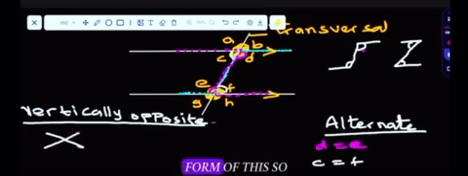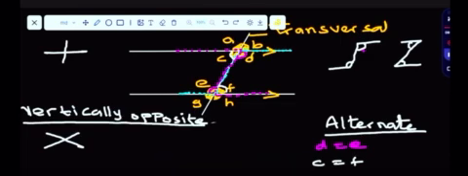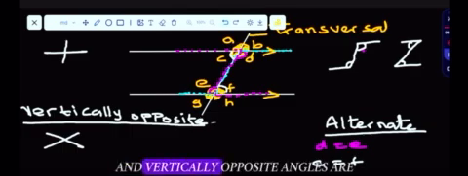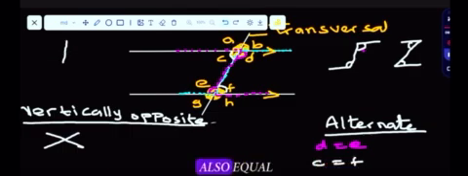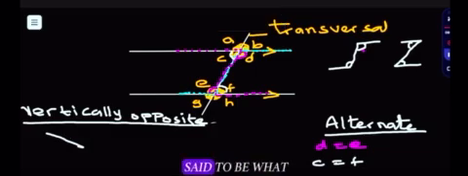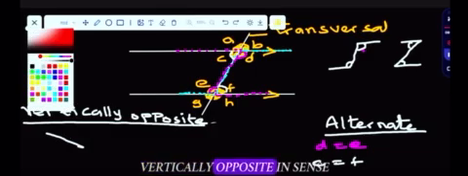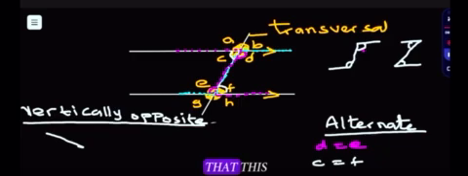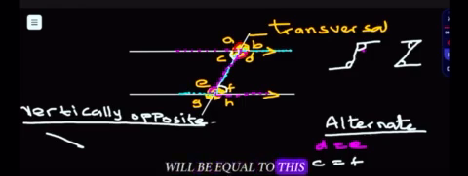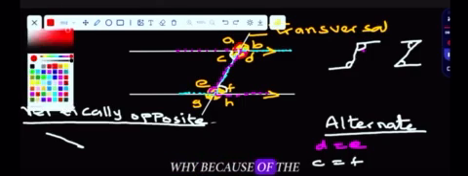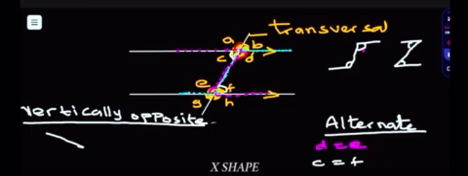The X could be in the form of this, or this. It's still X, and vertically opposite angles are also equal. So this will be equal to this. Why? Because of the X shape.